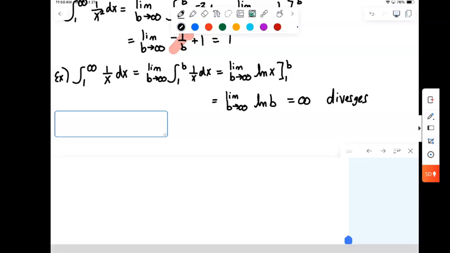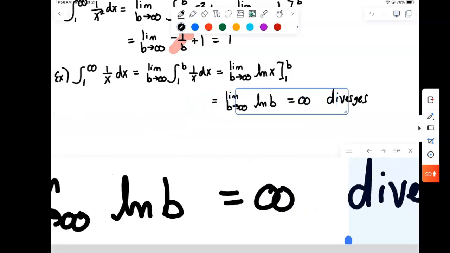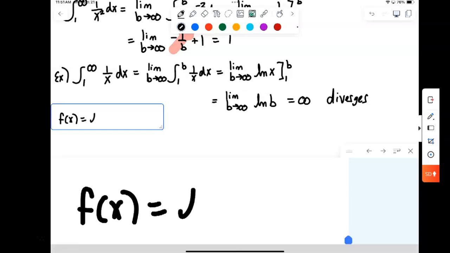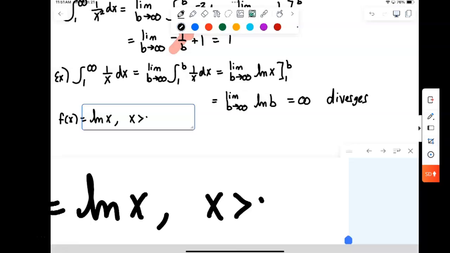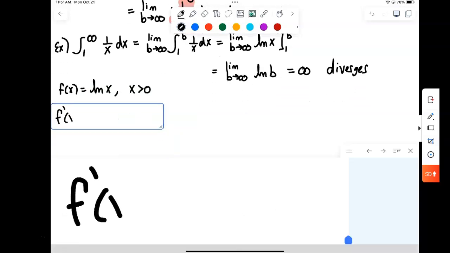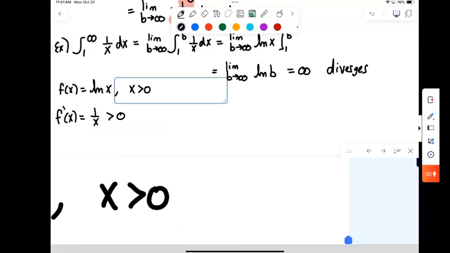How do I know that limit as b goes to infinity of ln of b actually goes to infinity? Well, we go back and do a little bit of calculus 1. If our function is the ln of x, ln is only defined for positive numbers. Its derivative, f prime, is 1 over x, which is greater than 0 anytime x is greater than 0.